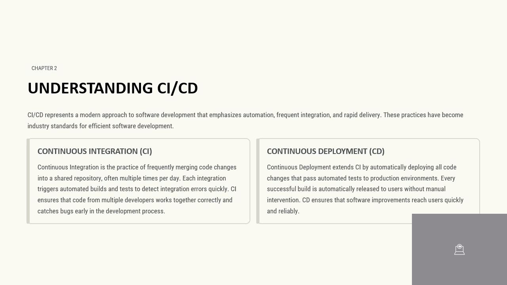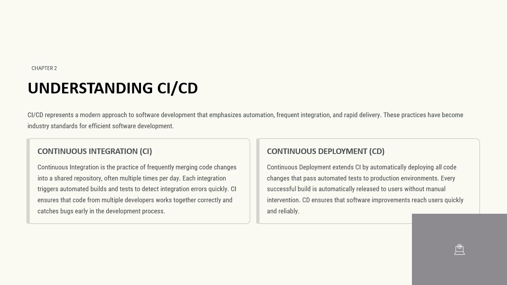This ensures that code from multiple developers will work together correctly, and it catches errors very early in the stage of development. Now, continuous deployment is an extension of CI. It automatically deploys all the code changes which different developers work on, once they pass the automated tests, to the associated production environments.